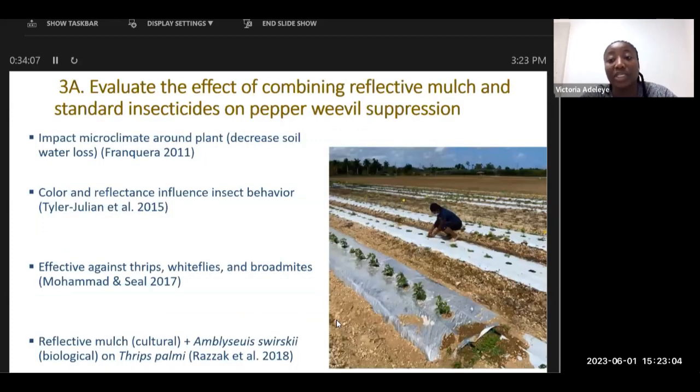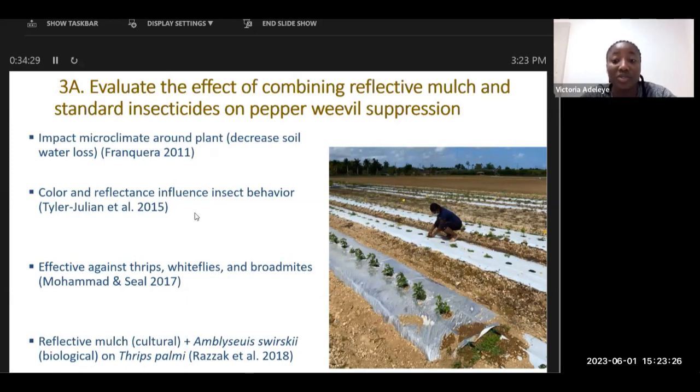Because we cannot rely on one method of control, although we know the major tool is the use of chemicals, we still need to integrate different control strategies for effective management of insect pests, which need to be not only cost effective, but also less harmful to beneficial insects and the environment.